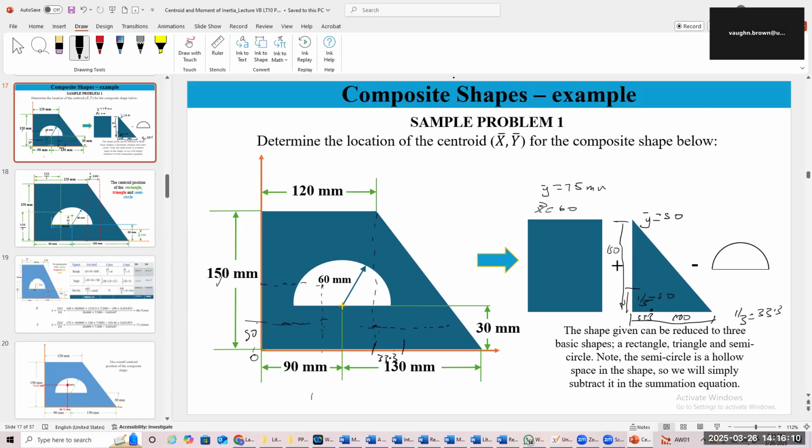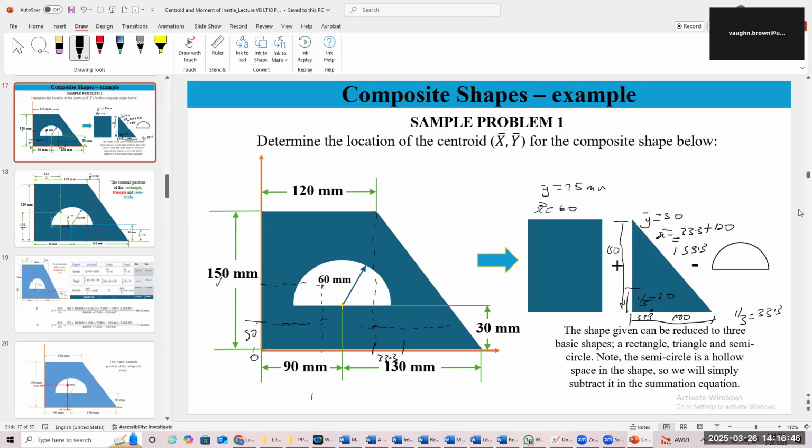So x bar would be 33 and a third plus 120, which is 153.3.